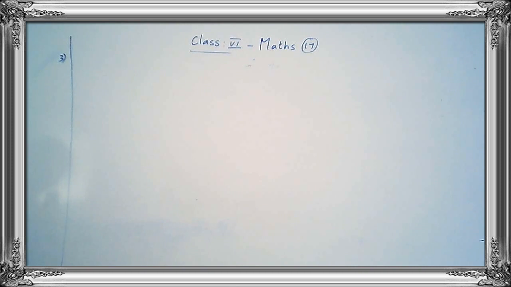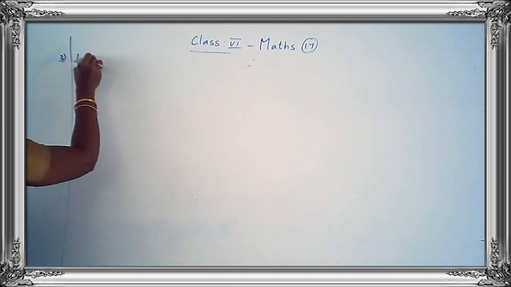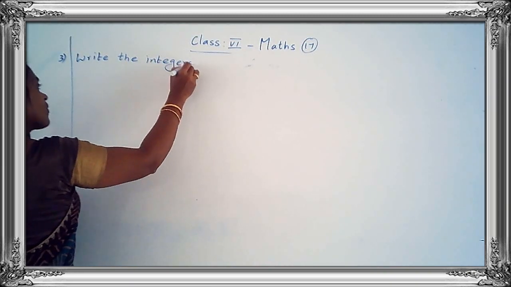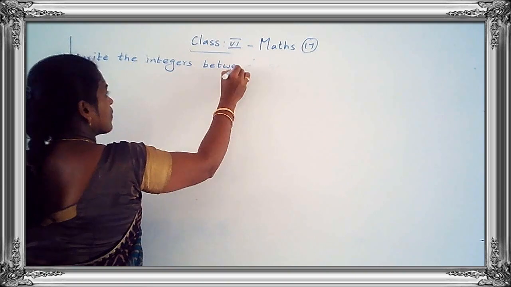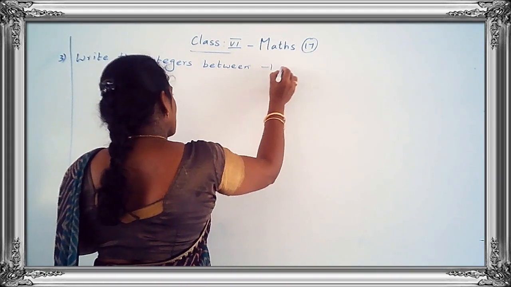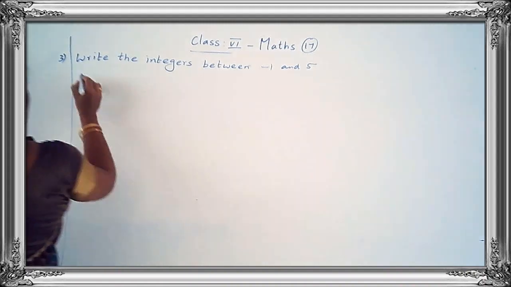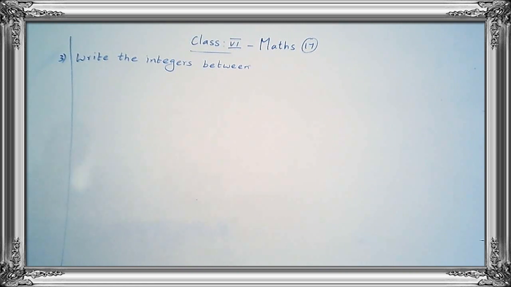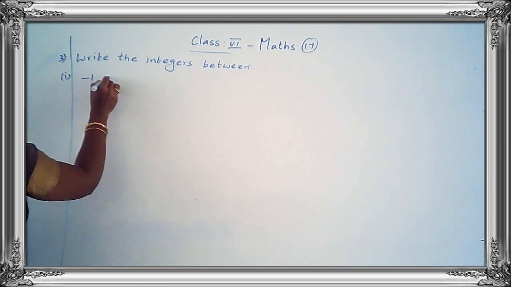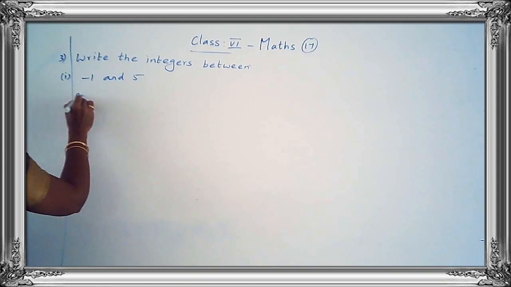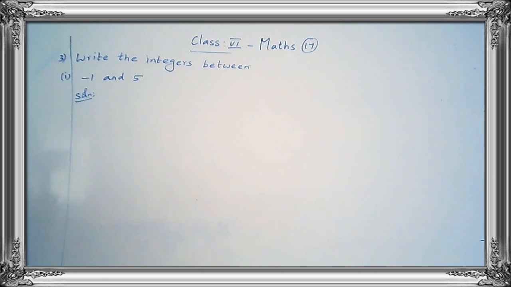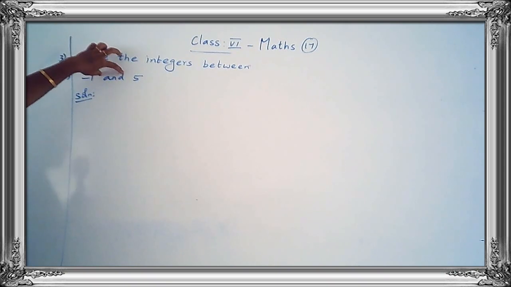Third question, write the integers between -1 and 5, okay. Wait, write the integers between first one, -1 and 5. Say the answer. Write the integers between -1 and 5. That means you have to say all the integers between -1 and 5.